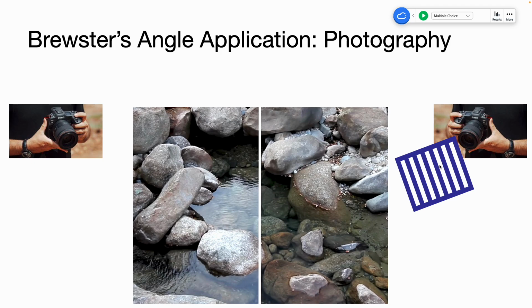But that reflected light will be purely polarized, perpendicular to the incident plane. So you can block it with a polarizer in front of your camera, and then you can see a nicer image of the thing under the water. Okay? Last, Brewster angle. Any question?